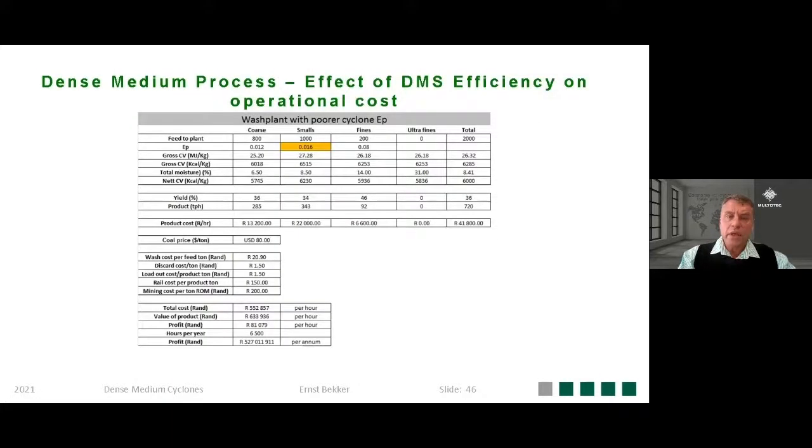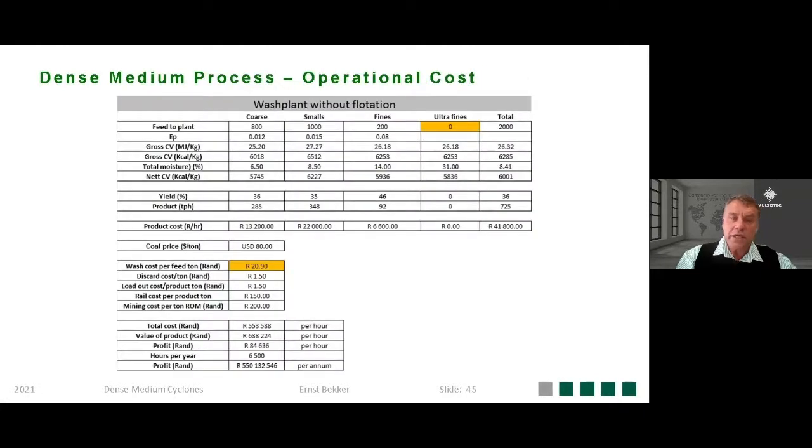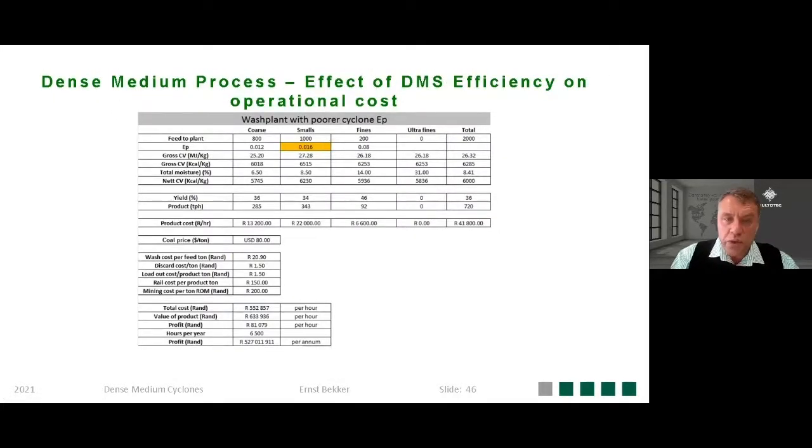Now I'll go back to the previous slide to show you the change. If you change the efficiency on the cyclone by only one point on the third decimal, it was an efficiency of 0.15, and we slightly increase it to 0.16, then per annum there's a possible loss of 23 million rand.